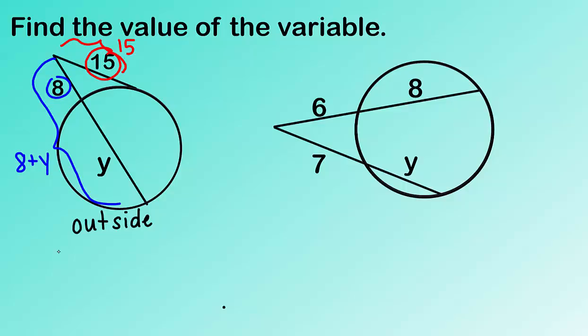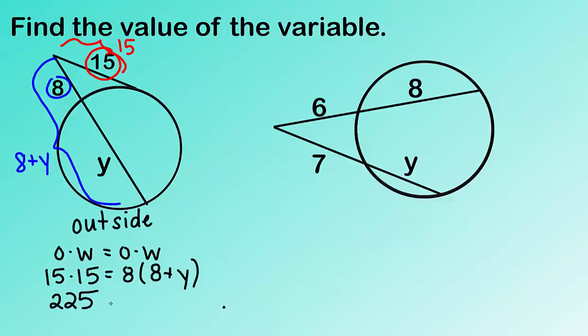So what we're going to do is 15 times 15 equals 8 times 8 plus y. 225 is equal to 64 plus 8y.